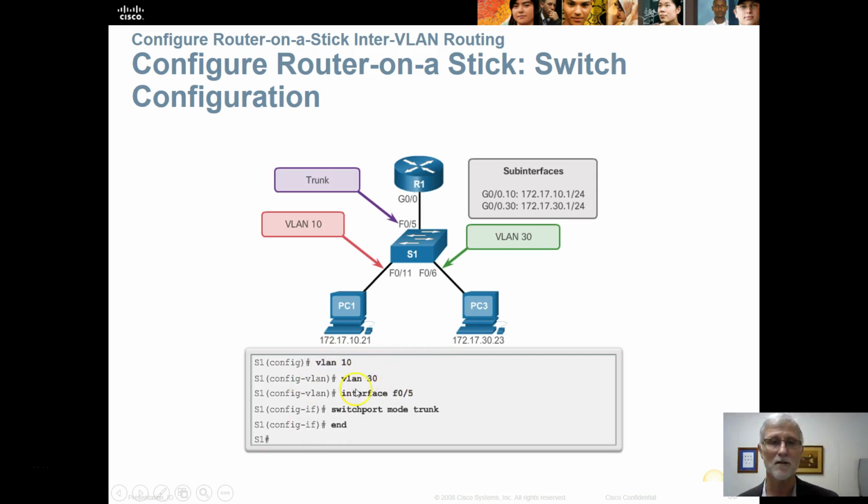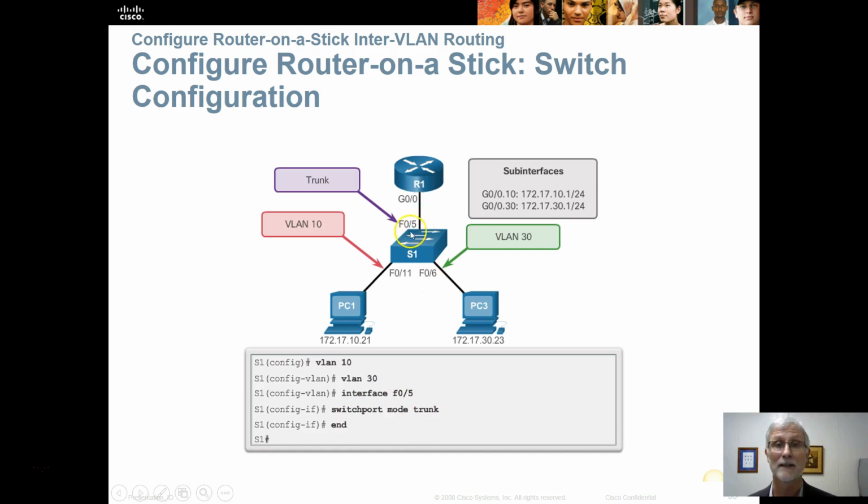You make sure the VLANs are correct and connected. So I've created my VLANs: VLAN 10, VLAN 20, VLAN 30. You'll notice I didn't have to type the full command; you could have typed vlan and hit return, and it would have put you in VLAN editing mode. But here I created VLAN 10, and I assigned which interfaces it goes to.